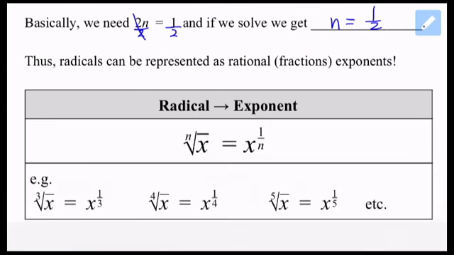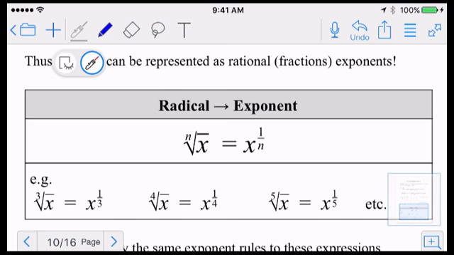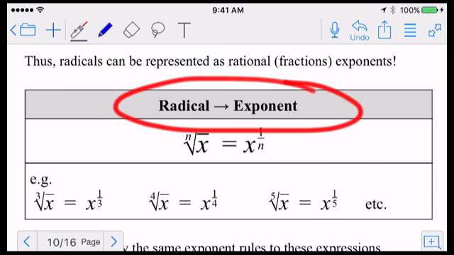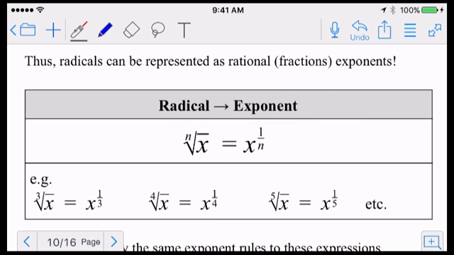So basically what that means is that anytime we want to write a radical as an exponent, it's going to be a fraction, or a rational number. Rational number means a fraction. Whatever number you have on the root is the number that's going to go in the denominator of the fraction. Right now, this is just x to the first, so that's why the 1 is on the top.